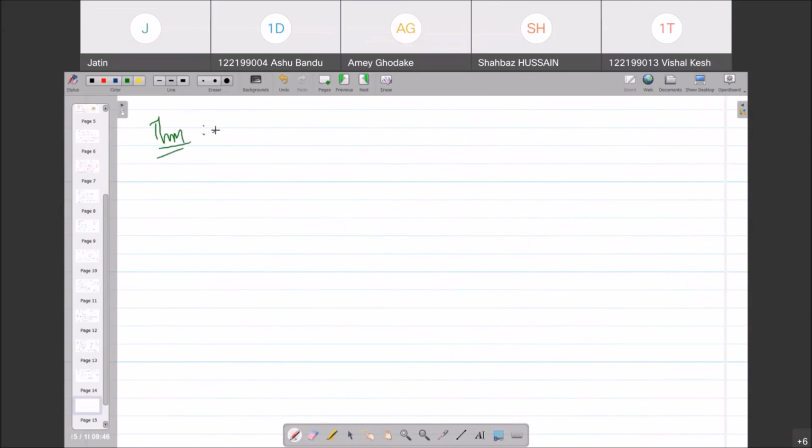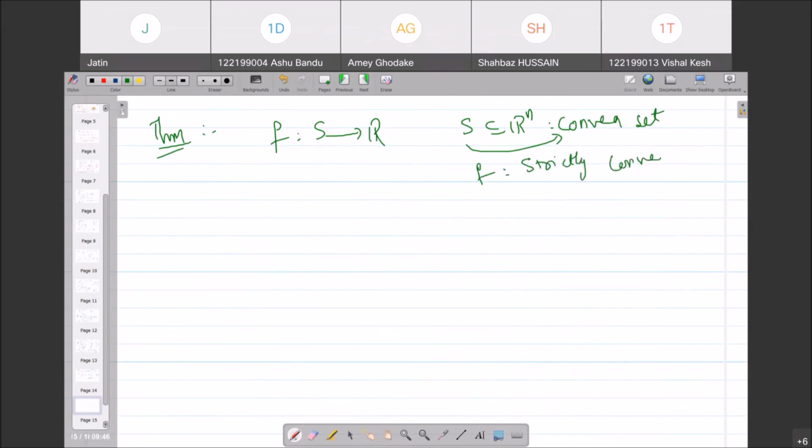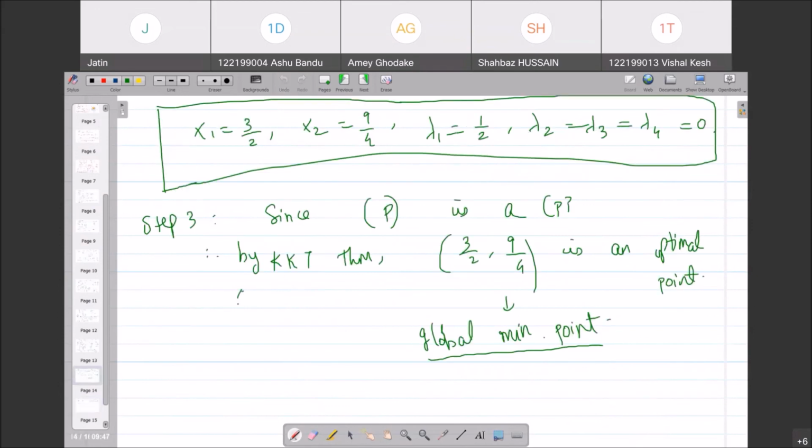So there is a nice theorem that says that if you have a function F from S to R, where your S is a subset of Rn, your S is a convex set, and your F is a strictly convex function, then there exists a unique minimum point.